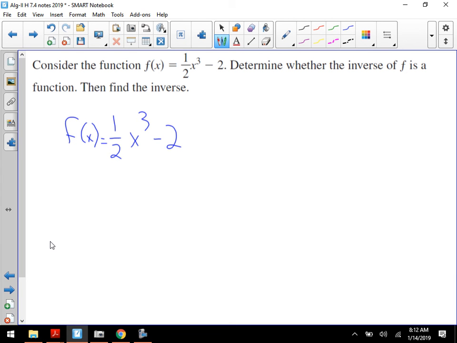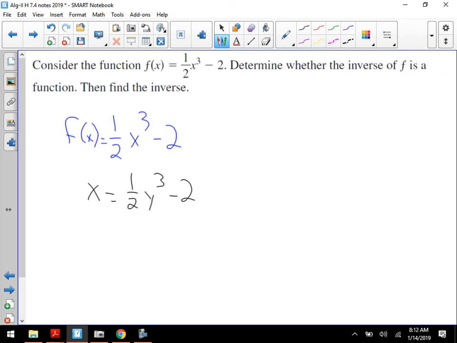The first thing you do is flip-flop x and y. x equals one half y cubed minus 2. What do you do first? Add 2.